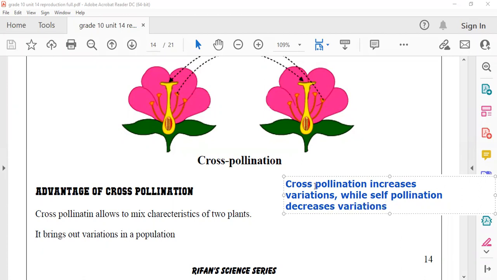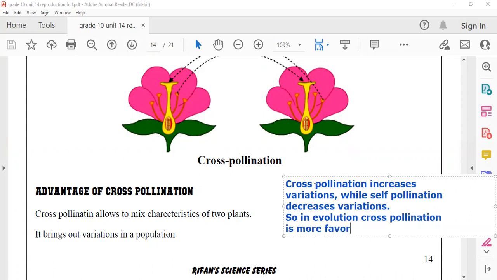So evolution demands lots of variations. In evolution, cross-pollination is more favorable.